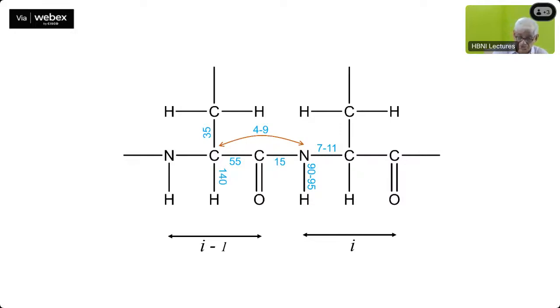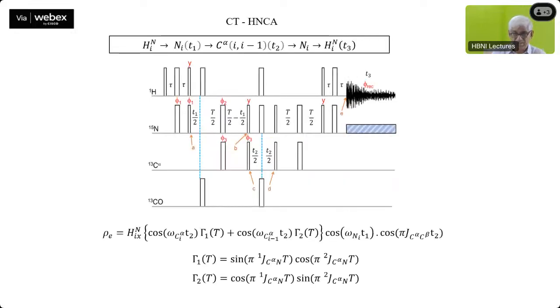This shows a larger variation, because the numbers themselves are very small, so it appears as a larger variation. This requires a bit of tuning to get the transfer of information. For 1-bond couplings the variation is very little. For 2-bond couplings the variation is a little larger, and requires some tuning. So this is residue i and residue i minus 1, and you have these coupling constants which can be used for optimizing your pulse sequences.